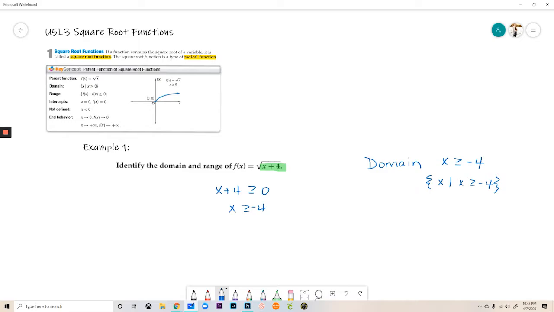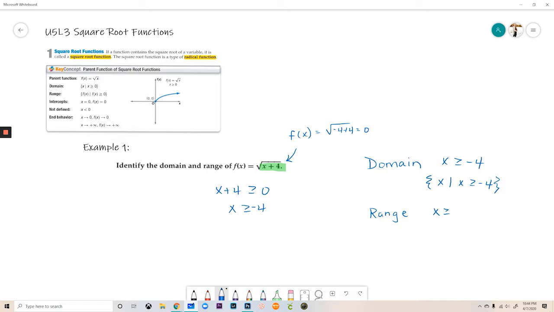But if negative 4 is the smallest x value I can plug in, I'm going to put that in there to find the smallest output, the range value, y value, whatever you want to call it. I'm going to plug in that negative 4, and that's going to get me 0. The square root of 0 is 0. So the smallest option you can have for your range is 0.